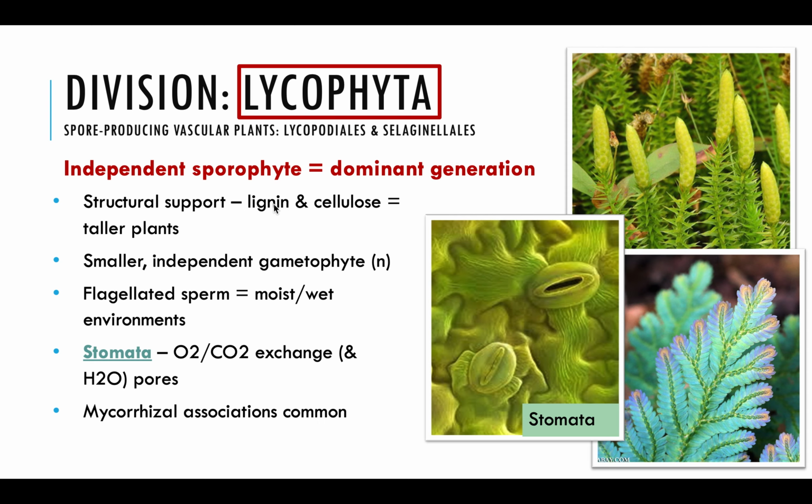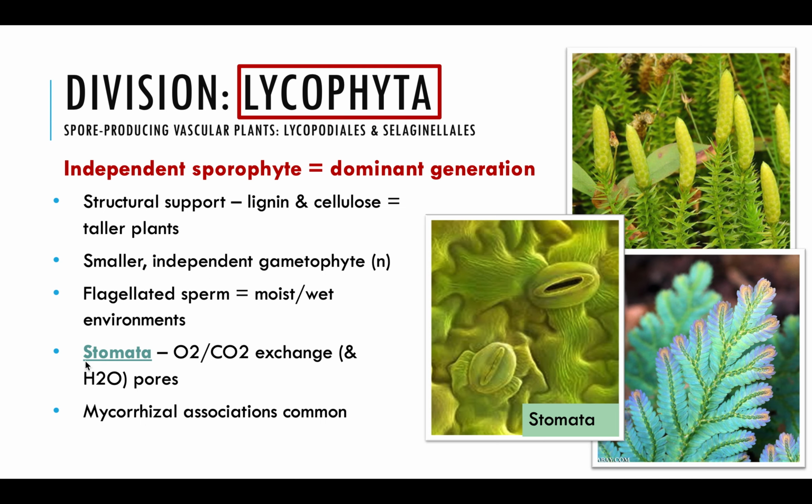They do have some other types of structural support like lignin and cellulose, which helps them grow taller and stand upright. We do, like I mentioned before, have small gametophytes, okay? And they are independent. They do not need to grow out of the sporophyte or anything like that. The sperm is flagellated. We still need water to reproduce.